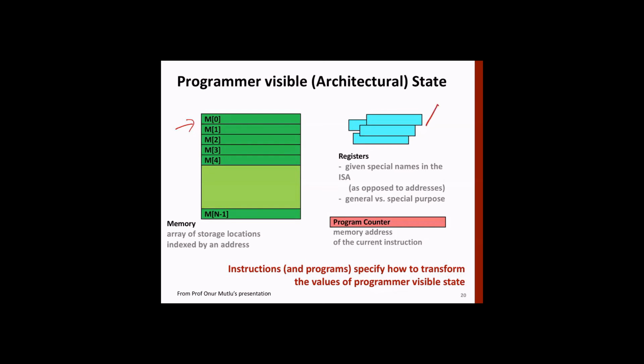And then registers, the temporary values at a given point in time, because if you want to do debugging, you need to know. And of course the program counter, which is the next instruction.